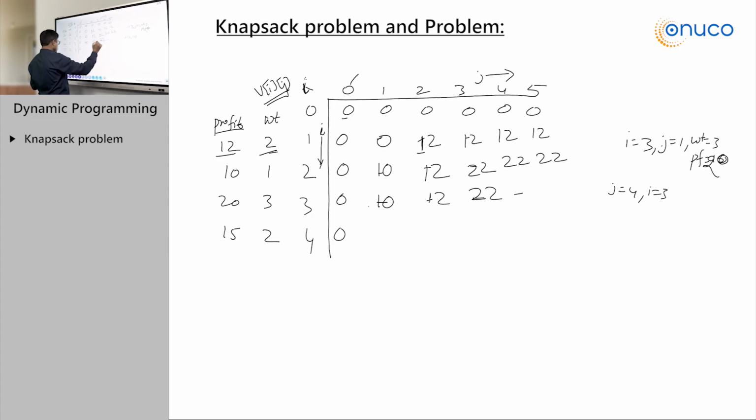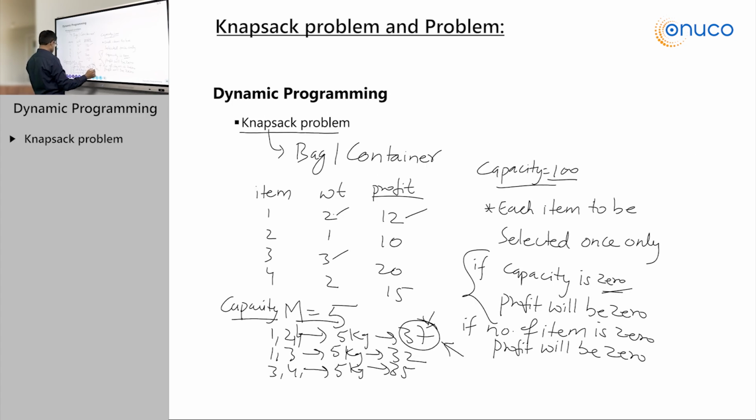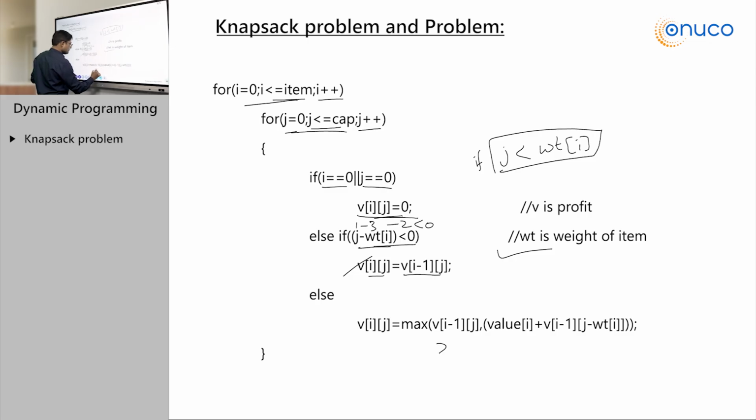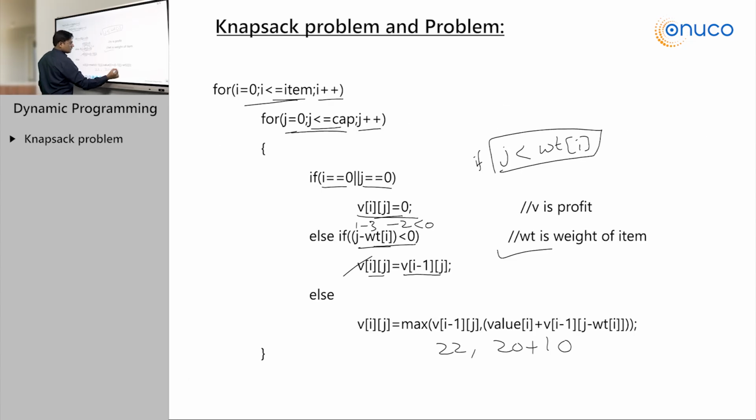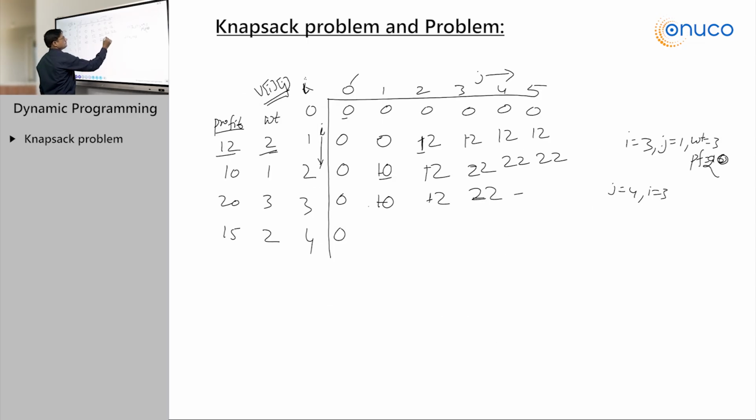Previous row, same column is 22, comma, value of I is 20 plus V of I minus 1, previous row, J minus W of I. J is 4, W of I is 3, 4 minus 3 is 1. Previous row, same column is 10. So you are going to add this 10. Hence, 20 plus 10 is 30. 22 and 30 you are going to compare. Which is maximum? 30 is maximum. So you are going to write it here, 30.